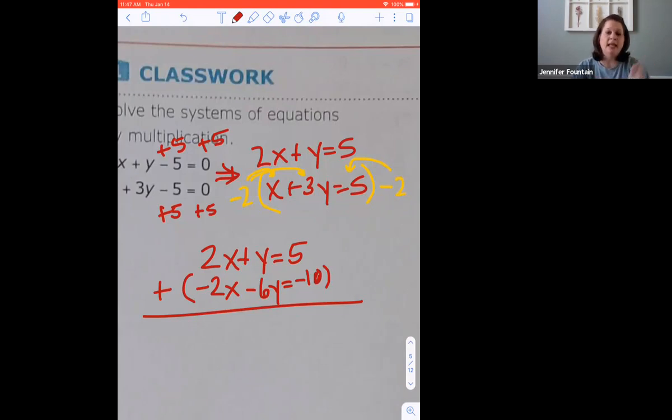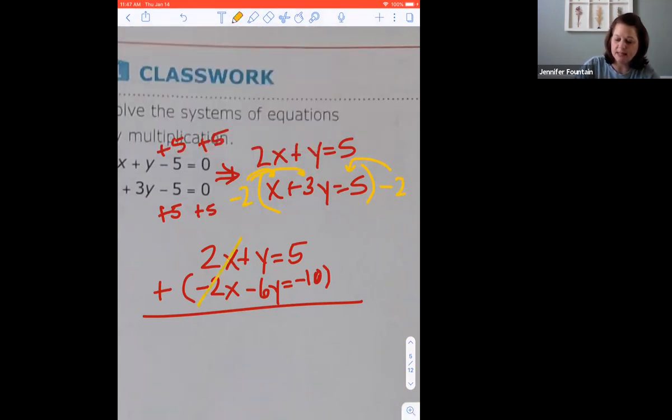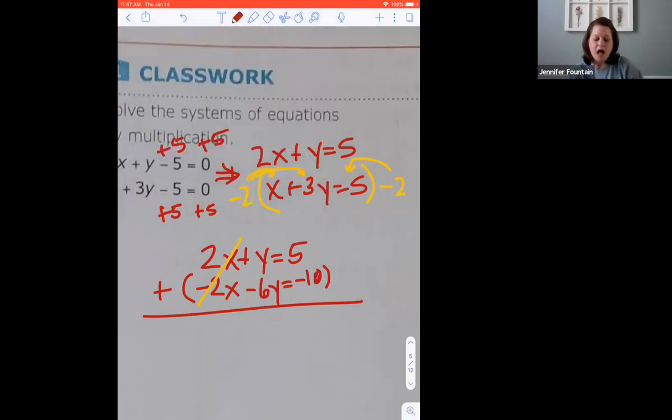That way I can go ahead and cancel them out. So I'm going to start by canceling those. Now I have y plus a -6y. So that's going to give me -5y equals, and 5 plus a -10 is -5. Divide by -5, divide by -5, y equals 1.